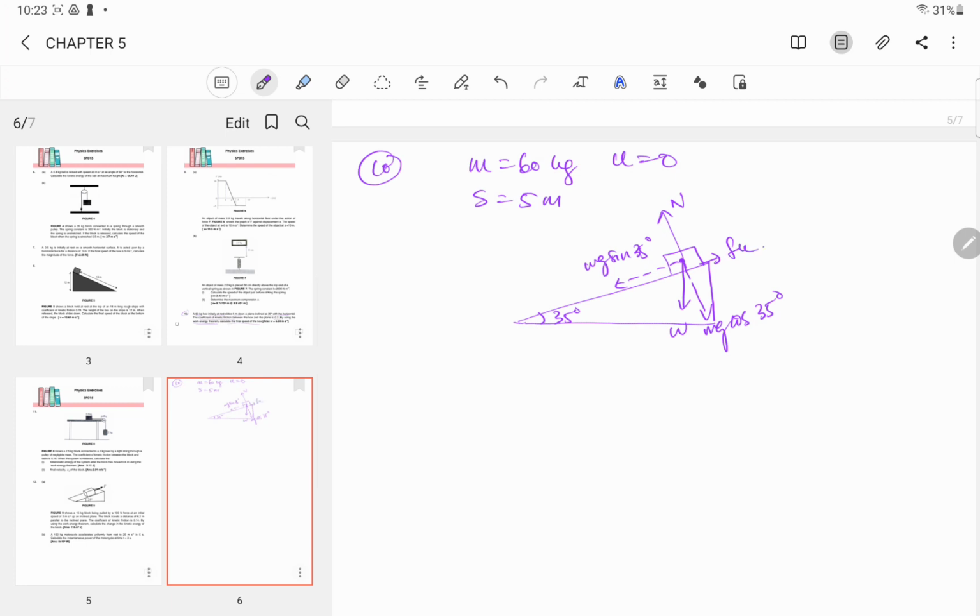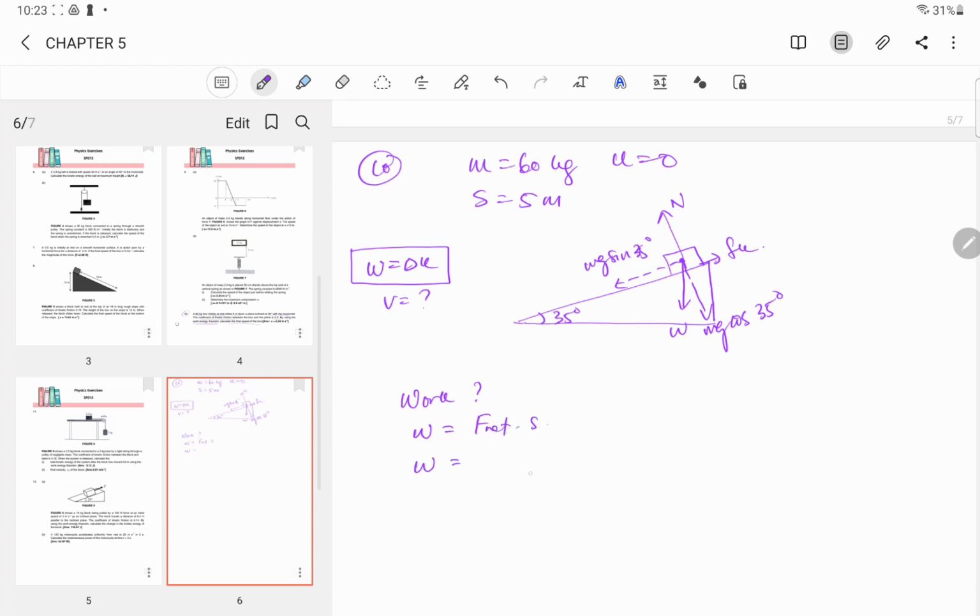Here we use the work energy theorem, W equal to delta K, to find the speed. First we have to find the work. How do we find work? We know work equal to F net dot s.